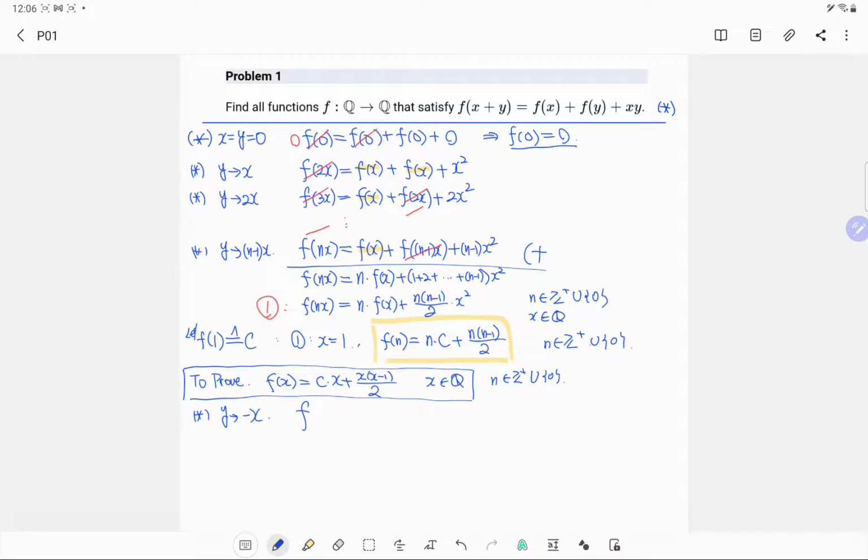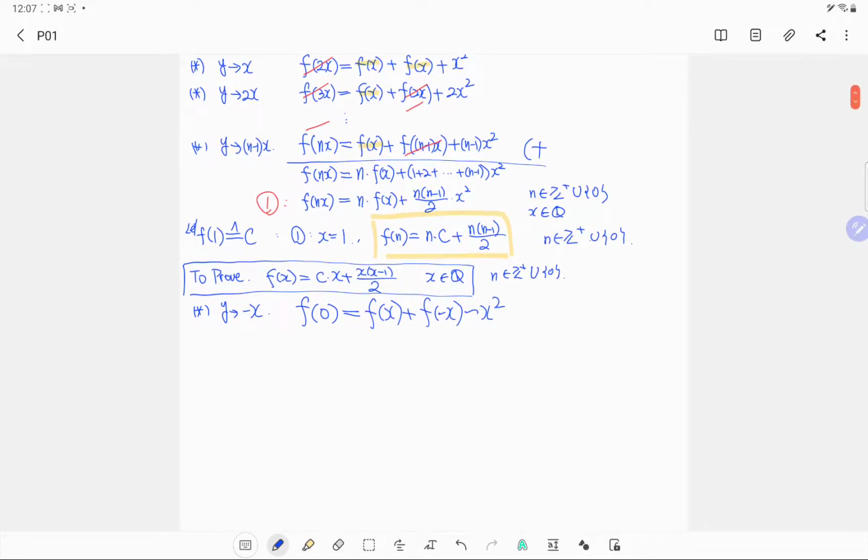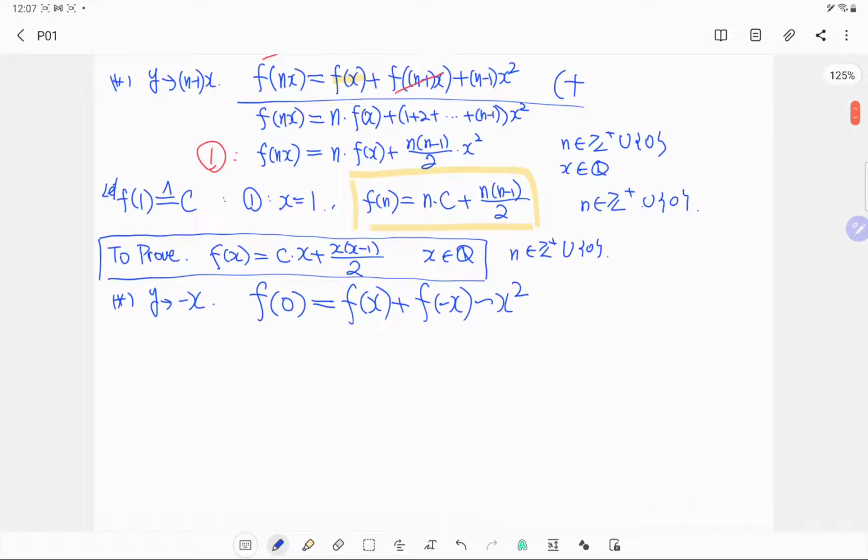So on the left hand side we have f of x minus x, which is f of 0. On the right hand side we have f of x plus f of minus x plus x times minus x, which is minus x squared. On the left side f of 0 is nothing but 0.